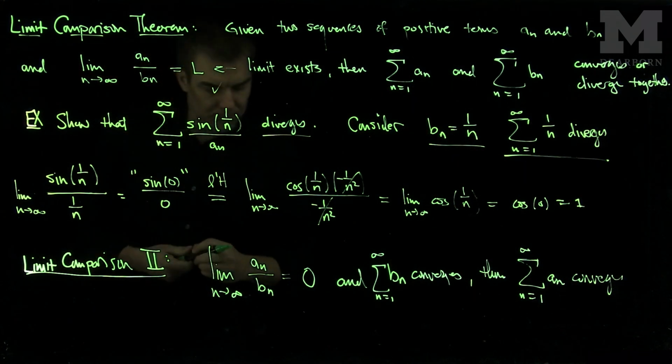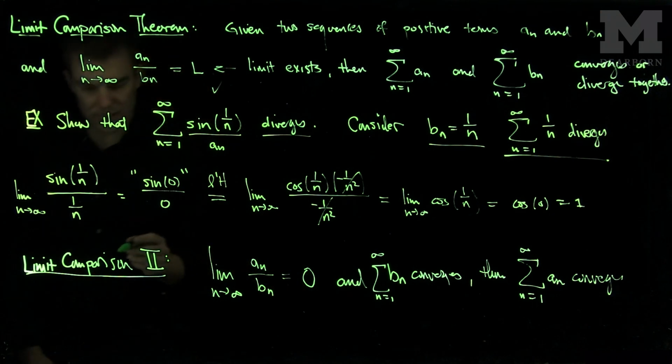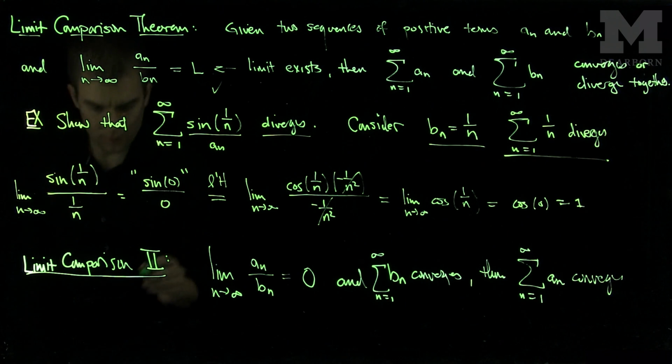And so the point now is that if this is going closer and closer to 0, then the an is being controlled by bn.